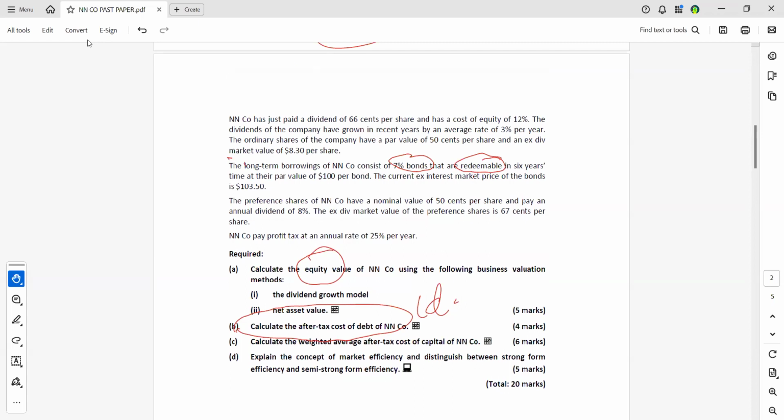This is the nature of a redeemable bond. 6 years, you redeem it in 6 years. What do you mean by that? That means year 1, you pay the interest. Year 2, you pay the interest. Year 3, you pay the interest. Year 4, you pay the interest. Year 5, you pay the interest. On year 6, you pay the interest plus principal.